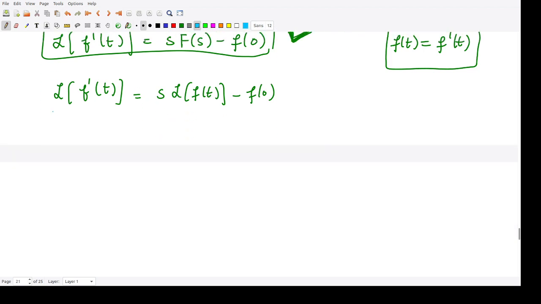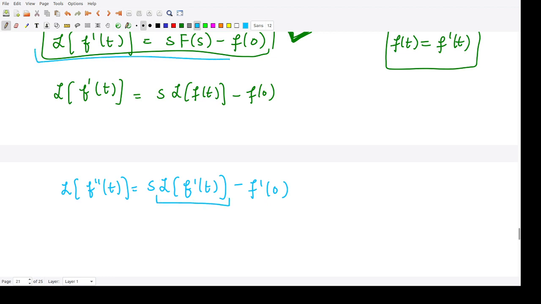I have the term as the Laplace transform of f double dash t. This is equal to s times the Laplace transform of f dash t, minus f dash of 0, right? And we have just calculated its value, this quantity.